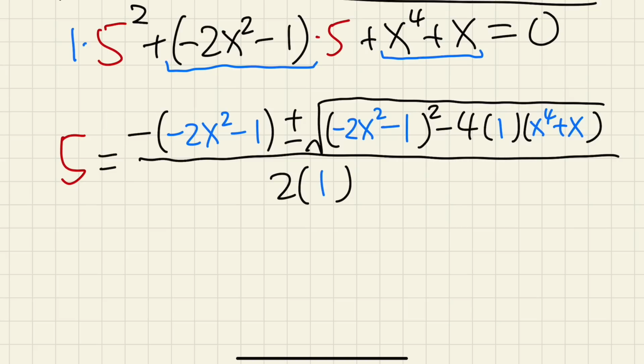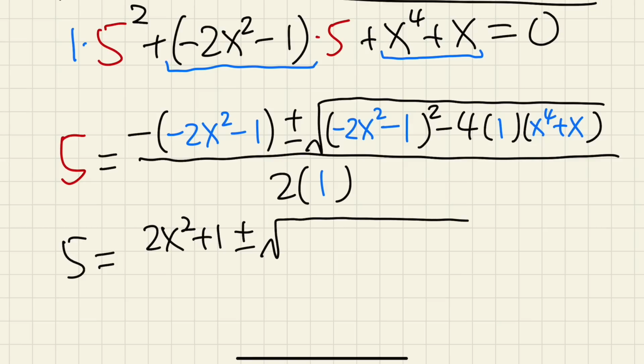And we just have to simplify this. 5 equals, distribute the negative, and then plus or minus here on the inside. If we expand this, we have both negative here, so you can just factor that out and square that, so it's just really the same as positive.